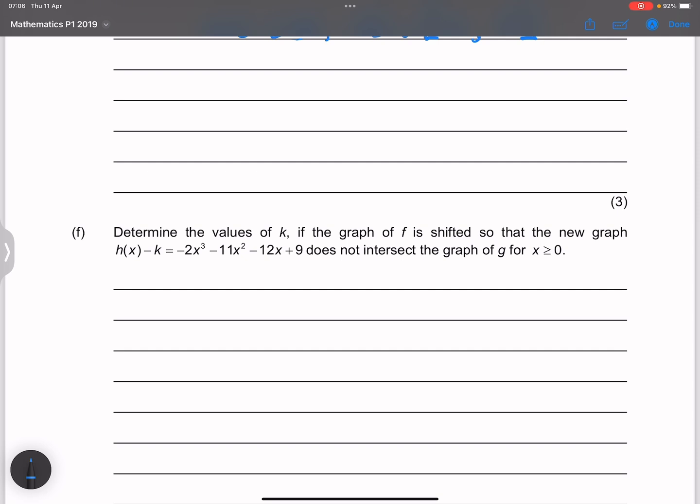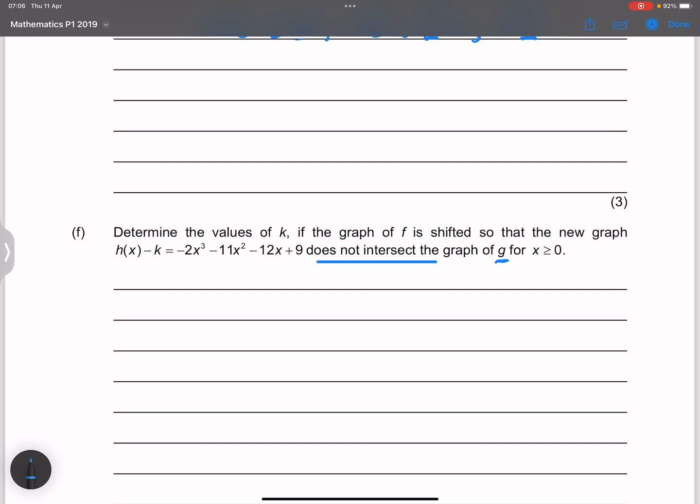Right, so the next portion, they say determine the values of x if the graph of f is shifted so that the new graph of h of x, which is equal to f of x minus k rather, is equal to that entire expression, does not intersect the graph of g, for x is greater than 0. So they're saying on the right hand side, on the positive x axis.